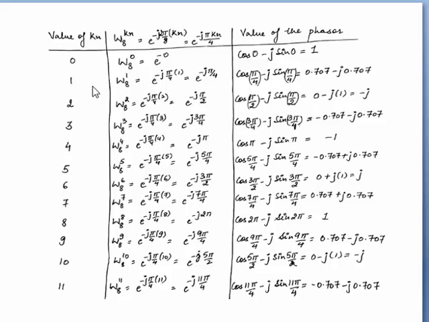So if we conclude from this table, the value of the twiddle factor repeats itself after a fixed number of sample points, that is 8. Means after 8 points, the value of the twiddle factor repeats itself.